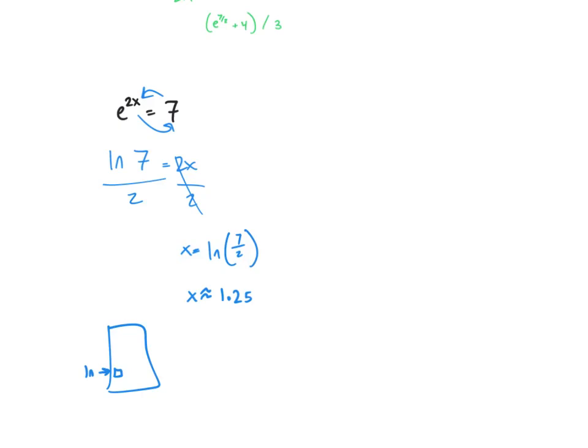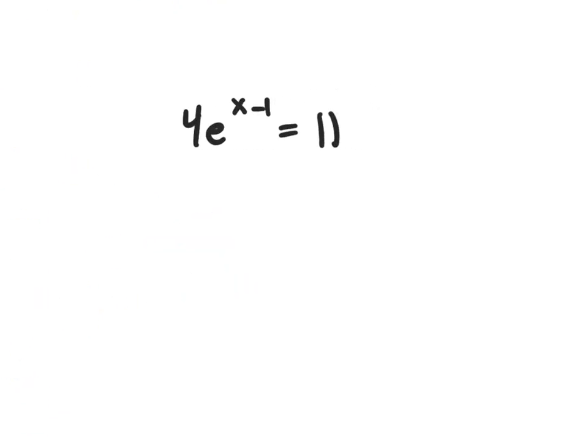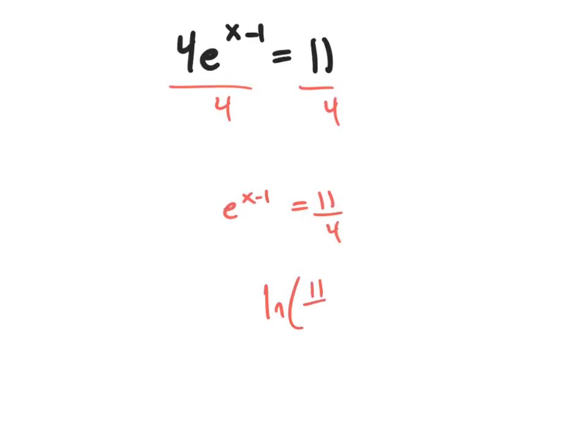So for example, if I gave us 4e to the x minus 1 is equal to 11, we'd first divide by 4, and then we'd do a natural log and roll to where we'd have ln of 11/4 is equal to x minus 1.